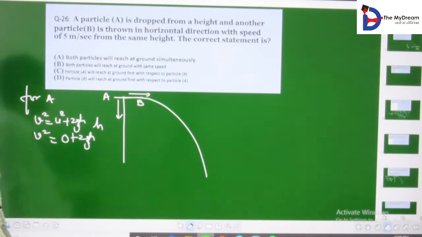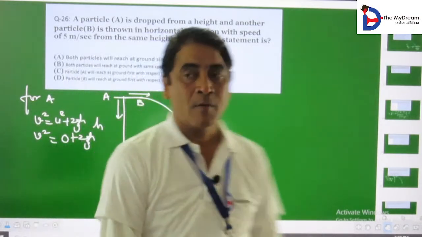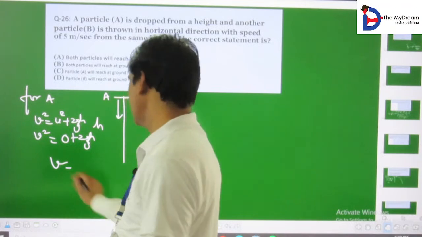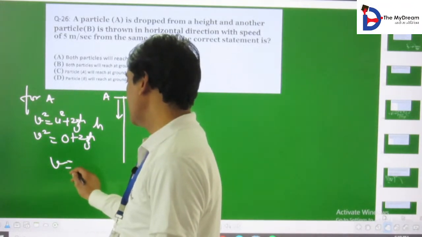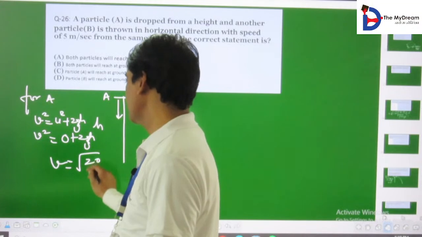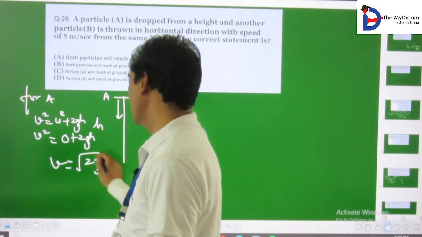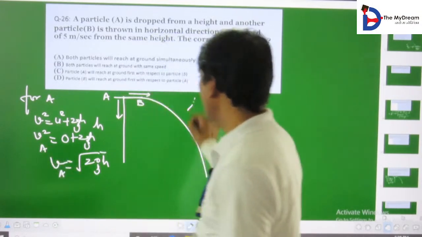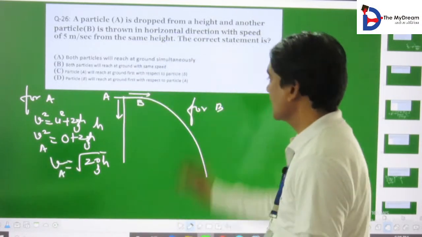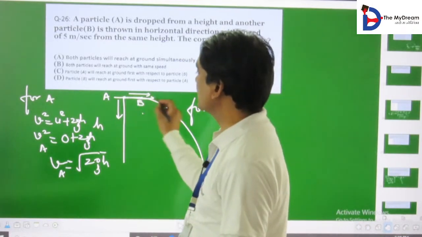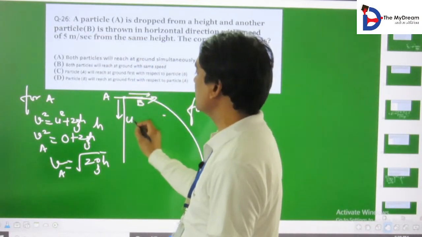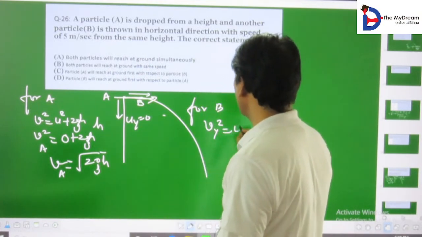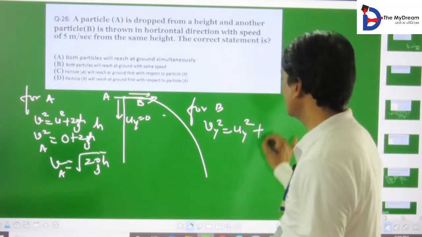Understood? So V becomes the square root of 2GH, for A. For B, in the projectile motion as it is thrown horizontally, uy would be 0, so vy square is equal to uy square plus 2gh.